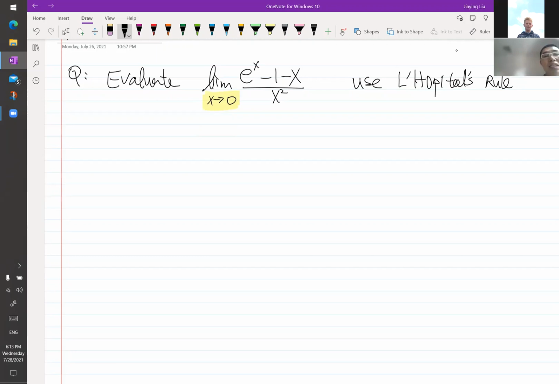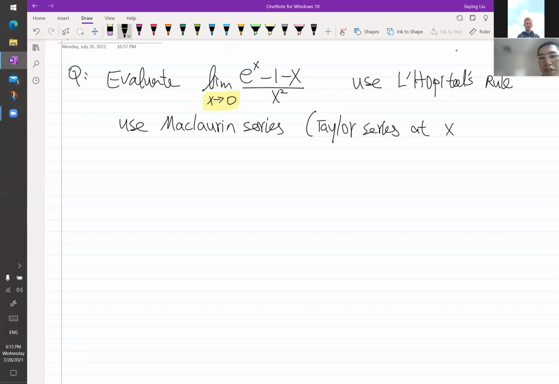So because we take the limit as x goes to 0, we can use Maclaurin series, or we can use Taylor series at x equals 0, either way. So what we're going to do is expand, before we take the limit, e to the x using Maclaurin series, substitute into the limit, and then simplify.